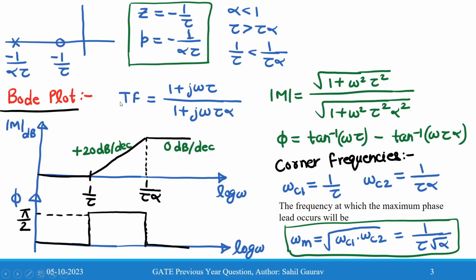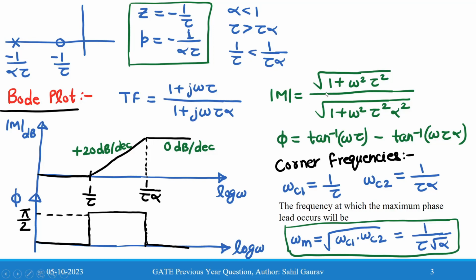Now, we are going to make the Bode plot for easy understanding and visualization of the lead compensator. For making the Bode plot, first we substitute s = j omega in the transfer function, which becomes (1 + j omega tau) divided by (1 + j omega tau alpha). Now we find the magnitude and phase angle of this transfer function.